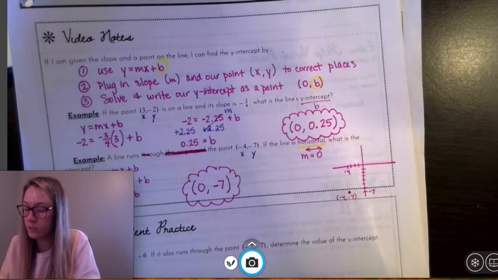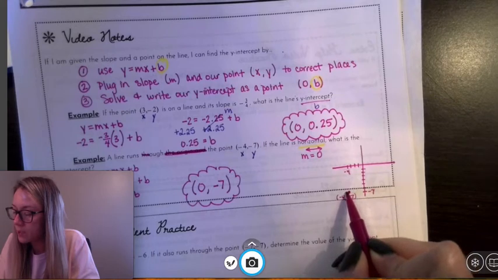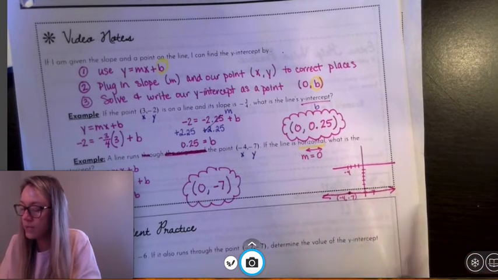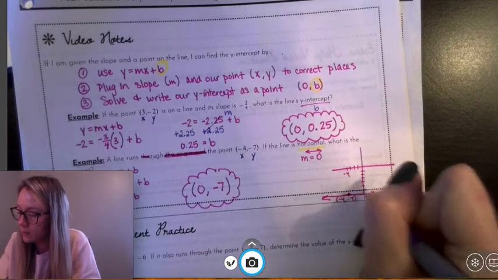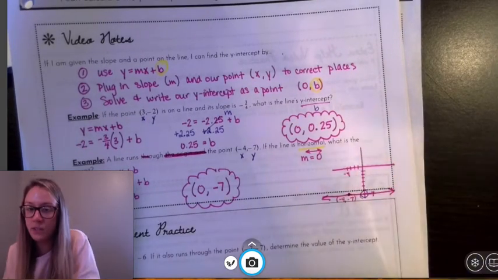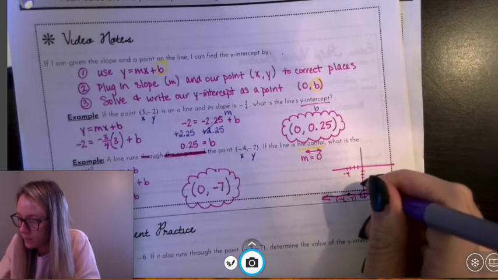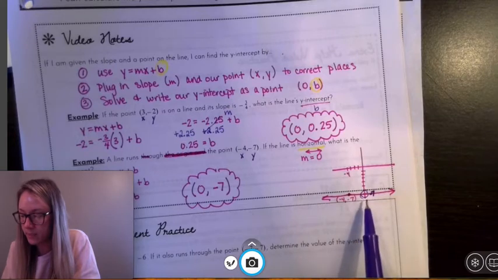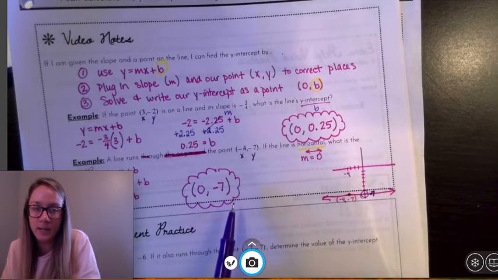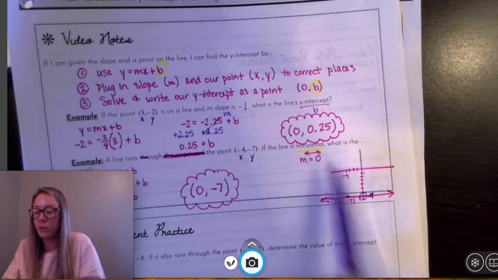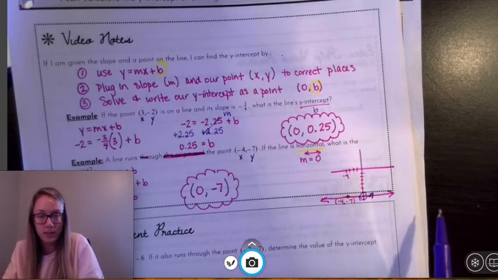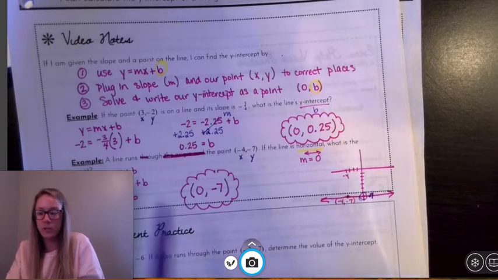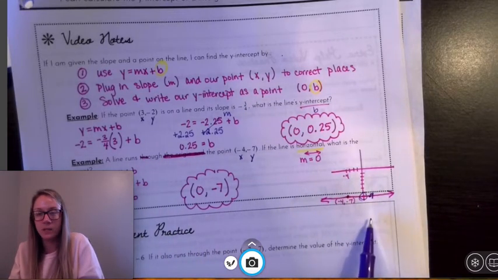If my line is horizontal, that means it has to go straight across like this, which passes through -7 on my y-axis, and so that would be the point (0, -7). This works for horizontal lines because I know it just goes straight across left and right. When I have an actual slope, I do need to calculate it algebraically, but this is another option for that one.